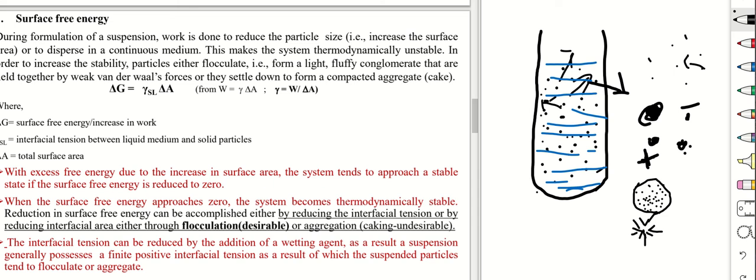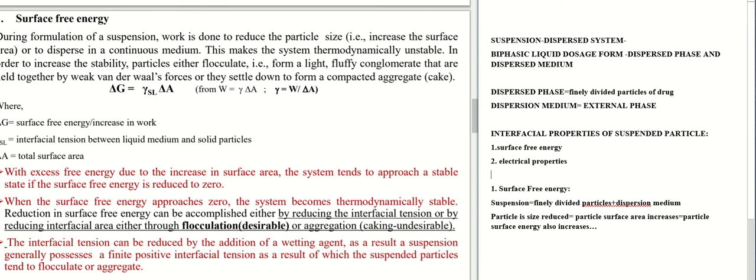So we, being pharmacists, should make sure that the surface free energy is reduced, and the stability will thus be increased by promoting flocculation.